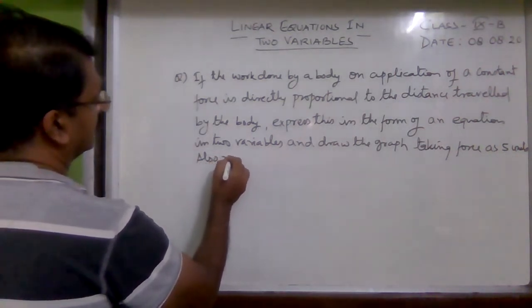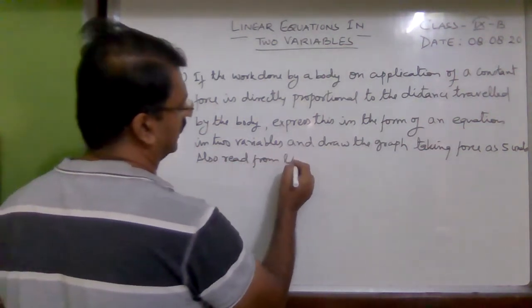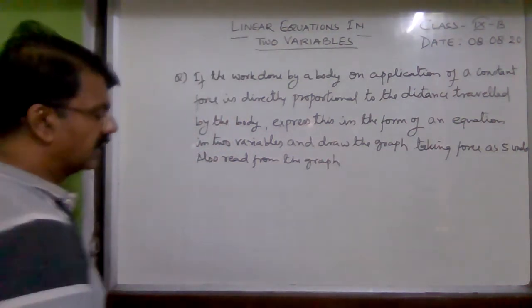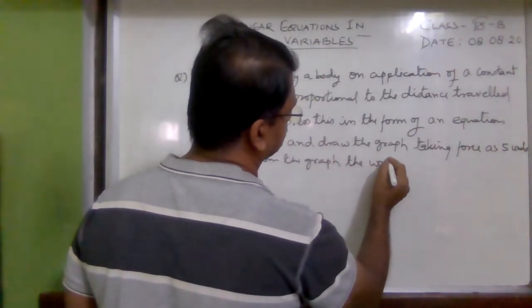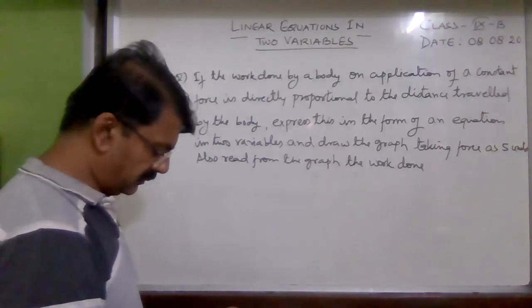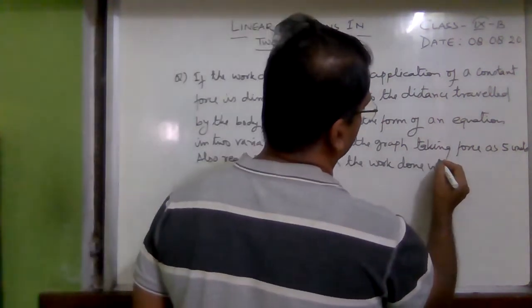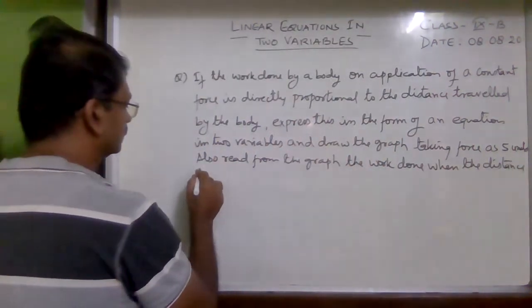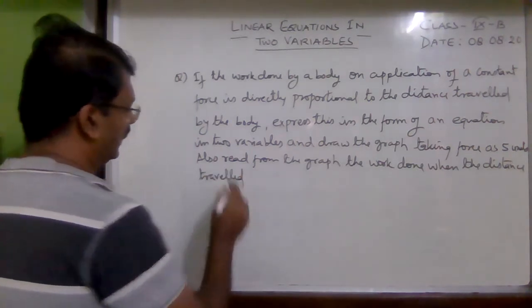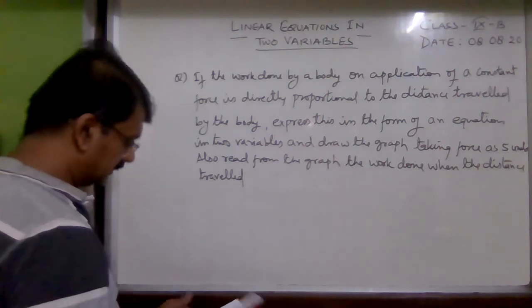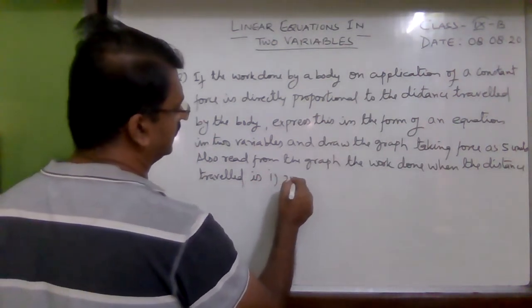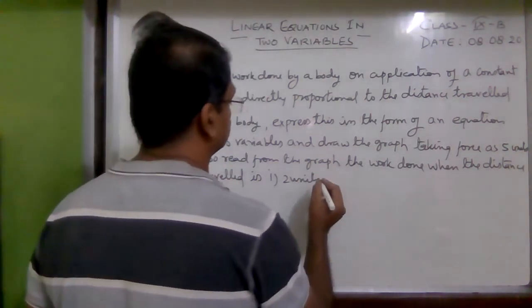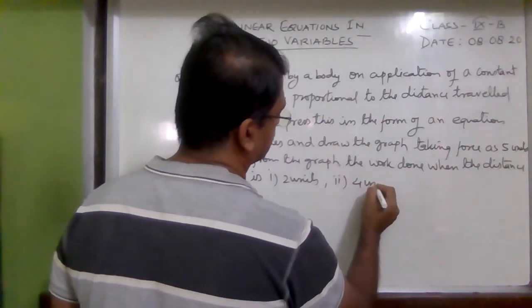Also read from the graph the work done when the distance traveled is, first part 2 units and second part 4 units.